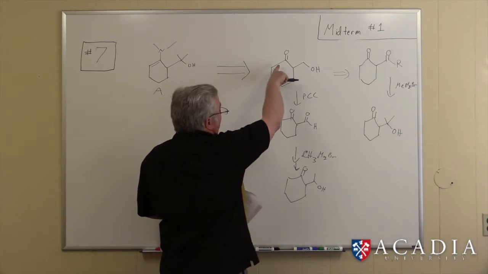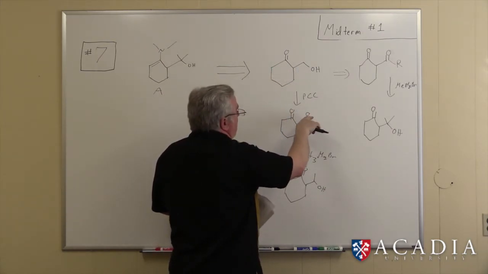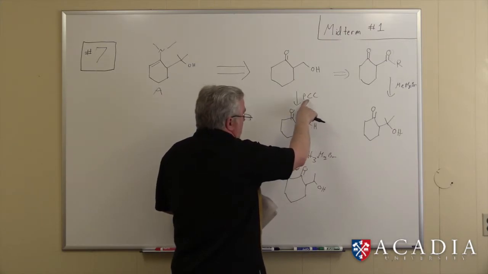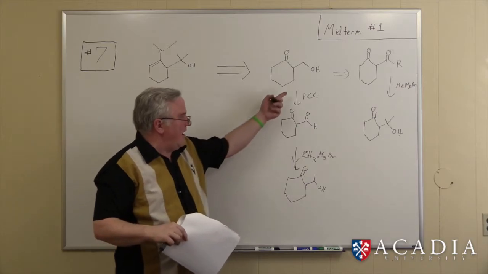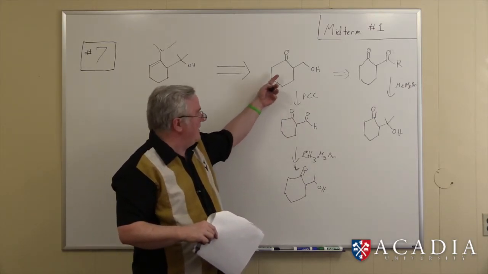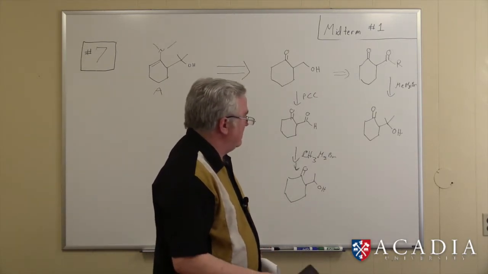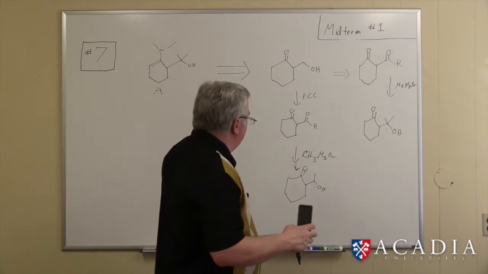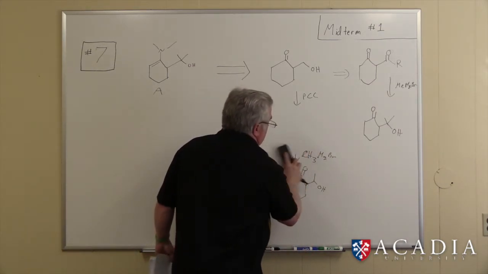We could protect this first and then oxidize our alcohol to the aldehyde, but that oxidation reaction is done under acidic conditions as well, so we're likely to deprotect it. So although this is promising, it's not a very good pathway.